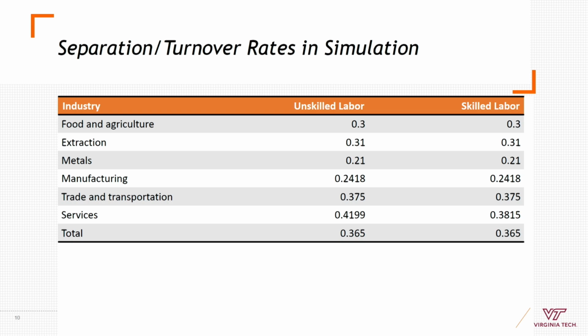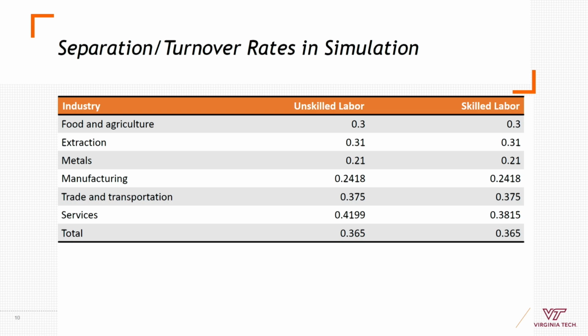All right. So I'll talk about how I'm going to come up with these separation rates in my example. Eventually, in this simulation, I'm going to have 6 sectors: food and agriculture, extraction, metals, manufacturing, which is all the manufacturing other than metals, transportation, and services. So this would be the separation rates.